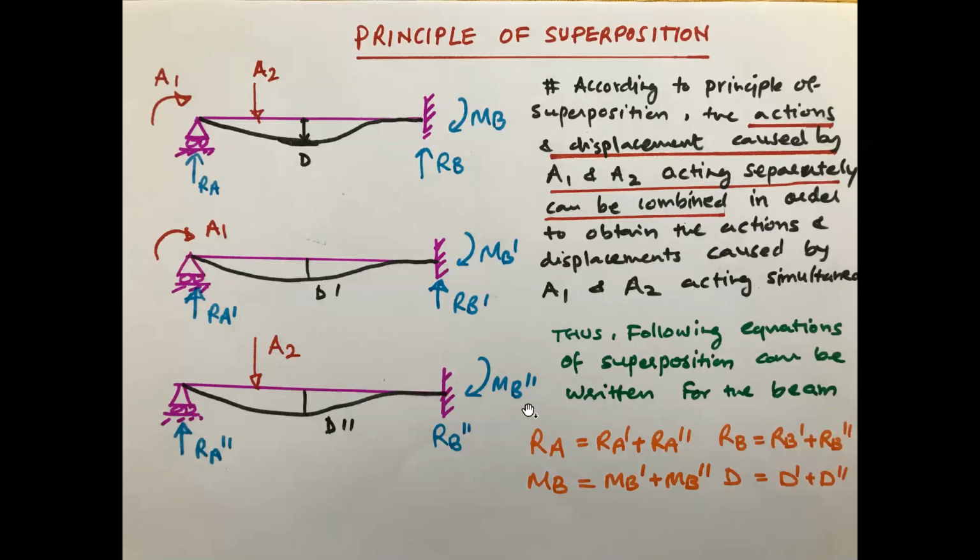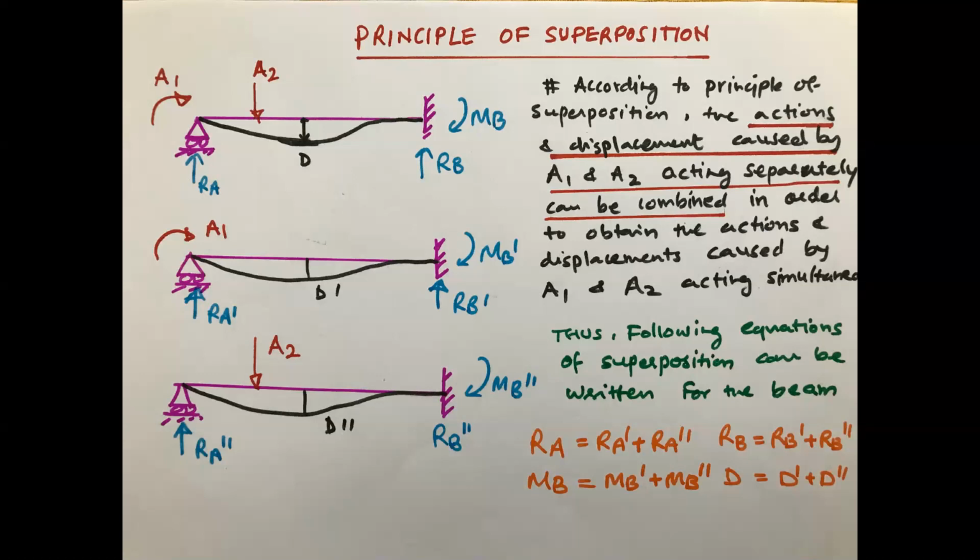Okay, so what we were discussing is the principle of superposition. What it says is that the action of A1 and A2 can be considered separately in order to obtain the deflections and the reactive support forces independently.